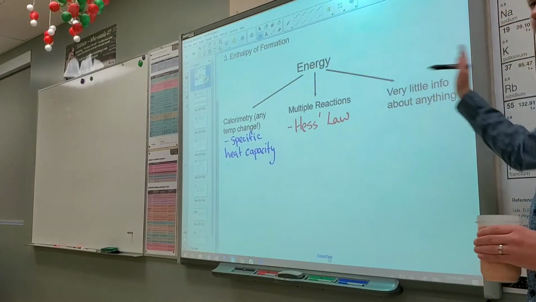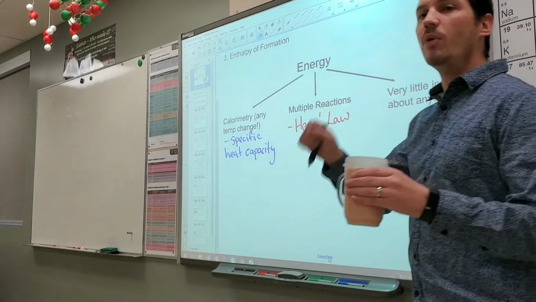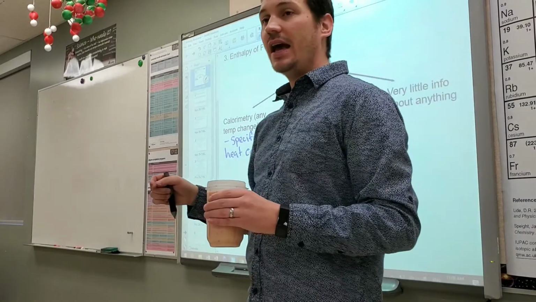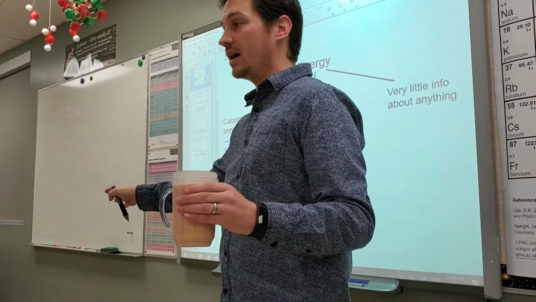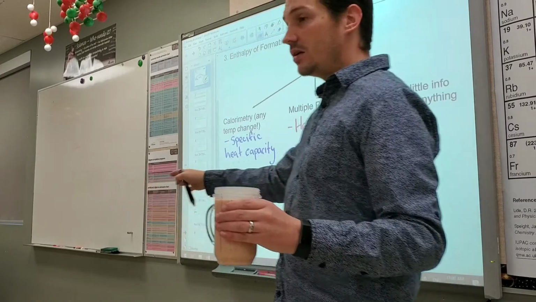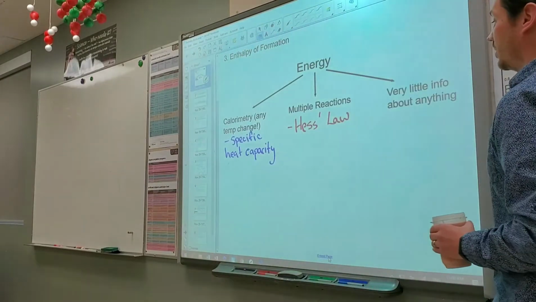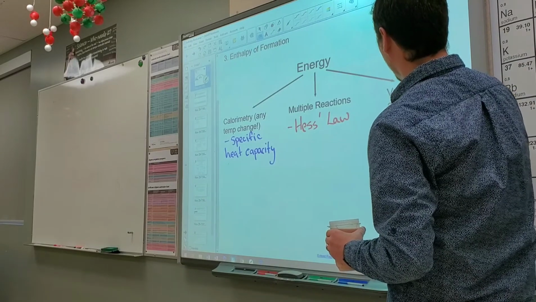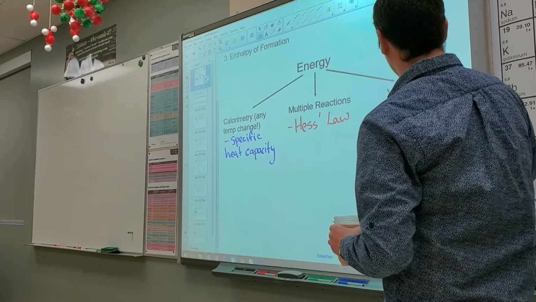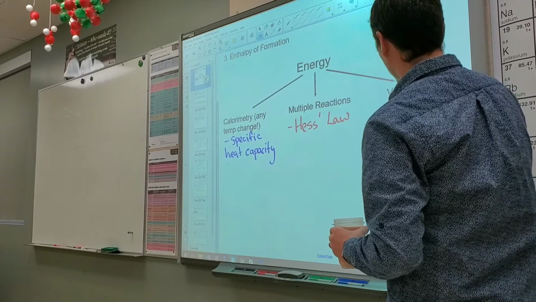And then if you get a question and it says, what's the molar enthalpy of this reaction? And it literally doesn't give you anything other than the reaction. Yeah, you're going to be using heats of formation, absolutely. So this is going to be enthalpies of formation.